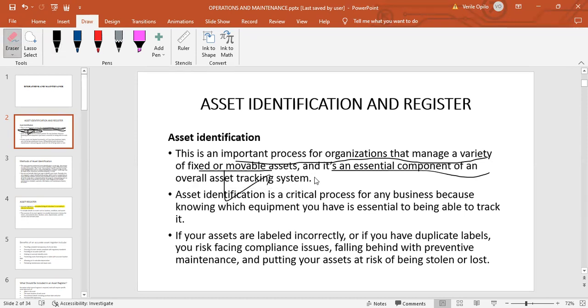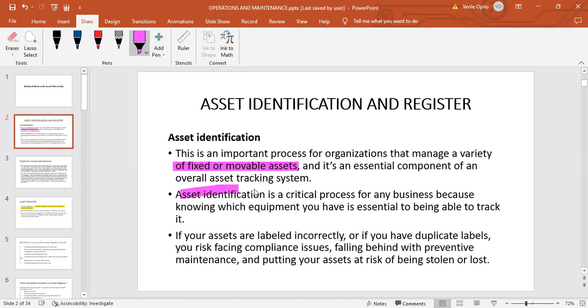It is very important because it helps in the management of the several types of assets in the business, those assets that are fixed, those that are movable, those that are utilized within the organization. And it is a very important component of the asset tracking system, because if you're able to identify the assets in the company, then you can also be able to track those assets in the business.